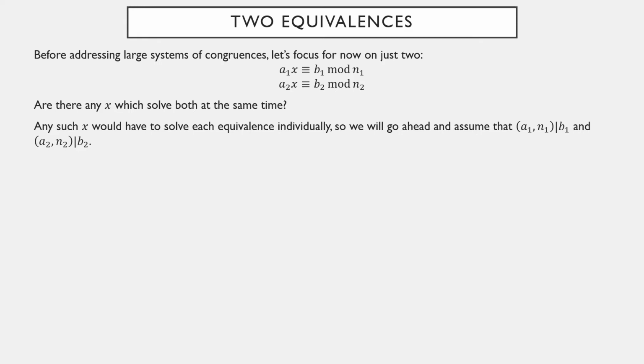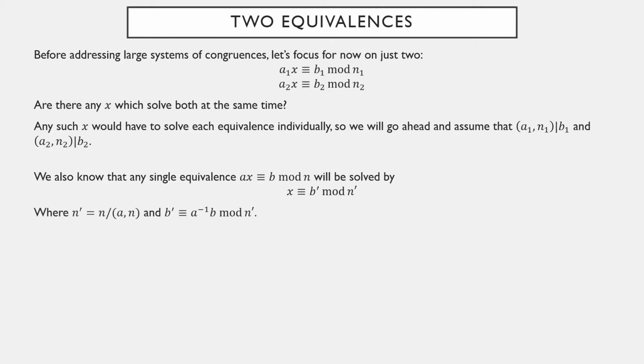In other words, the GCD of a1 and n1 is a factor of b1, and the GCD of a2 and n2 is a factor of b2. We also know that any single equivalence will be solved by x being equivalent to something modulo n prime, where this new base is the old base divided by that GCD, and b prime is just the product of a inverse with the original b.